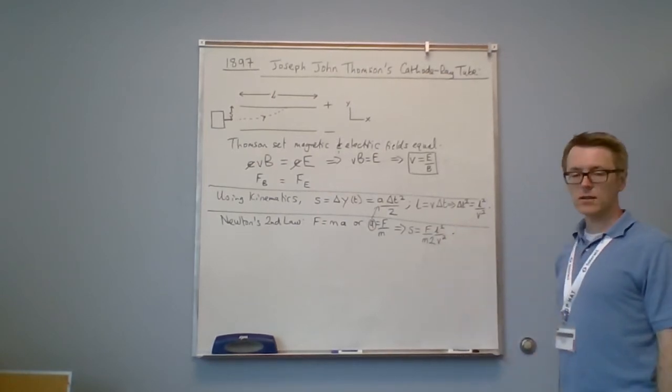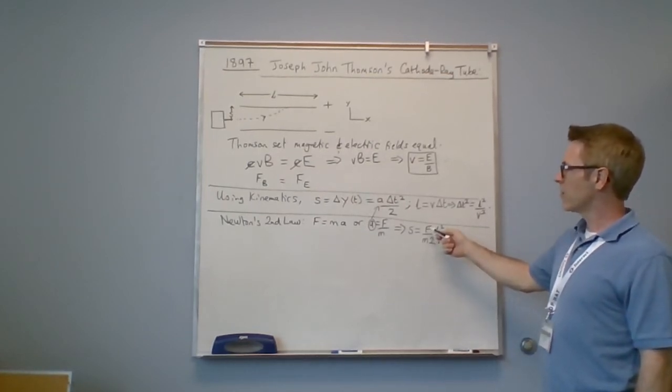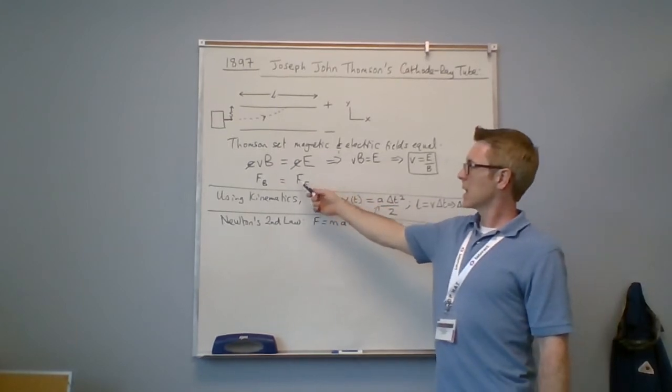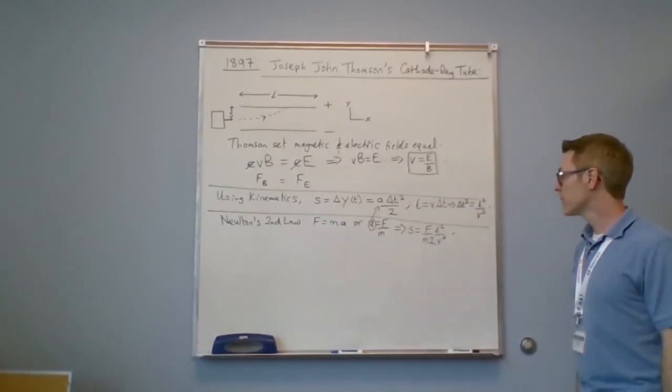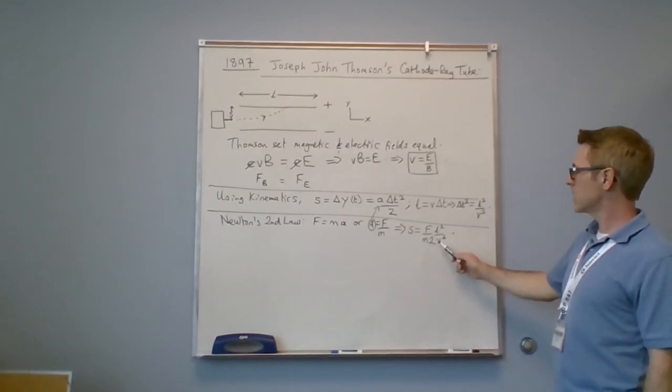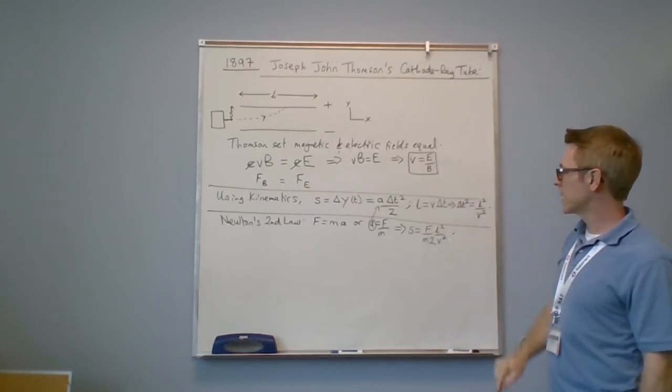There's two things I need to do to change this equation now. I'm going to rewrite F, or the force, as the electric force, which is the electric charge times by the electric field. And I'm also going to substitute in V, where V is the electric field over the magnetic field.